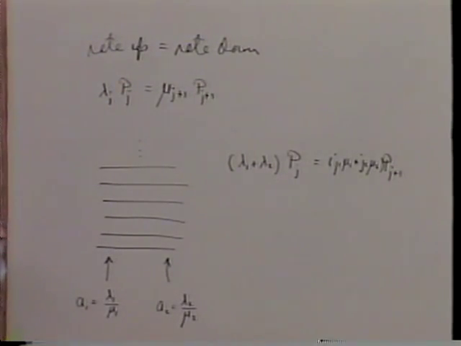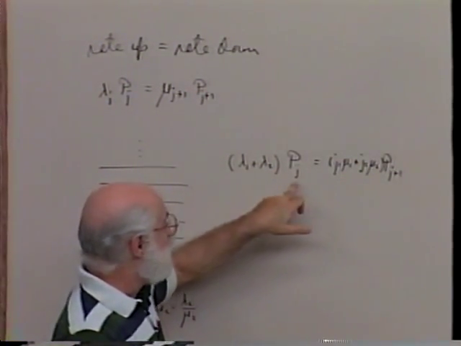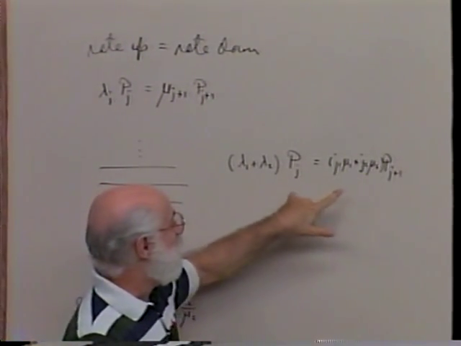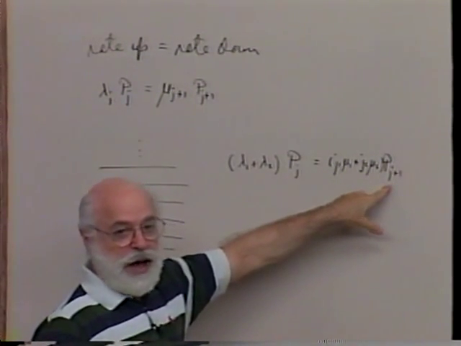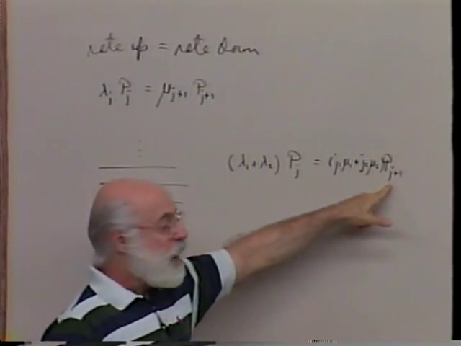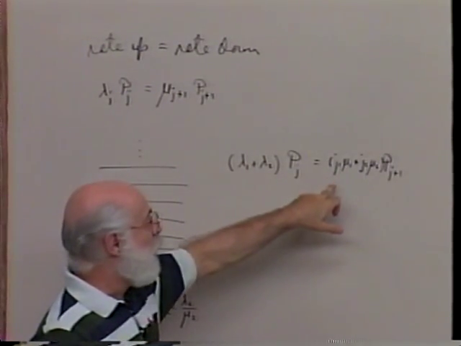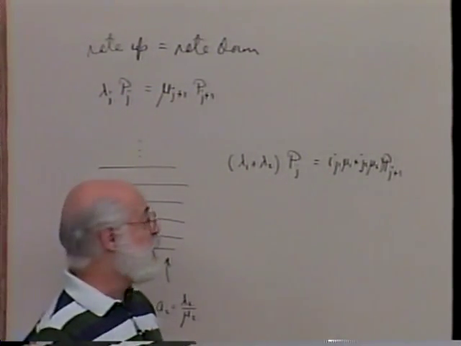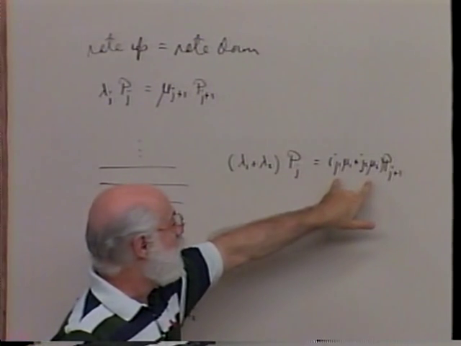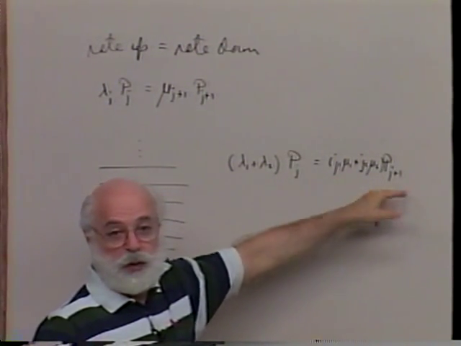But these equations don't make sense as they stand because the J that describes the state of the system doesn't tell you how that J is made up. It doesn't tell you how much of that J is customers of type 1 and how much is customers of type 2. And by the way, this isn't even right because this J1 plus J2 has to add up to J plus 1.